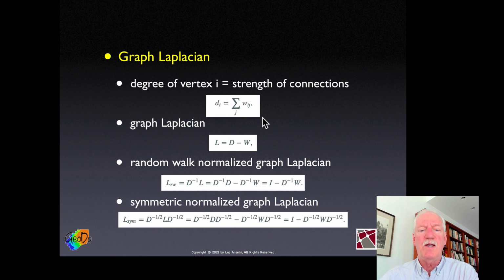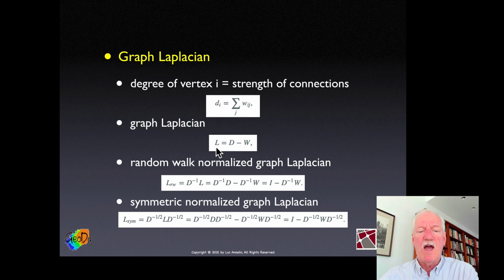We can create a new matrix. So our W matrix is our adjacency matrix. The D matrix is a diagonal matrix with the degree of each vertex as the elements of the diagonal. So the difference between these two, D minus W, is called the graph Laplacian.